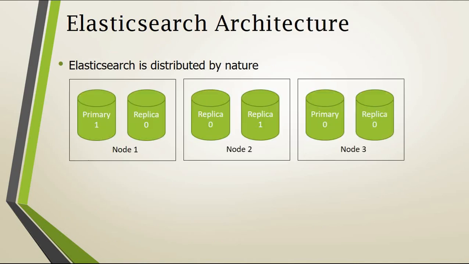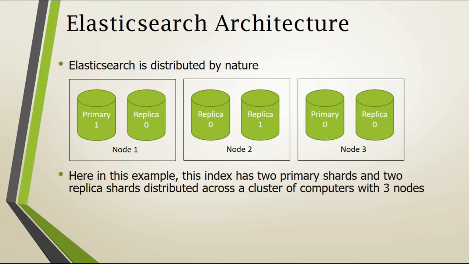The Elasticsearch basic high-level architecture. So Elasticsearch is distributed by nature. So here in this example, we have an index with two primary shards and two replica shards stored in a cluster of computers with three nodes. So what is the use of these replica shards?